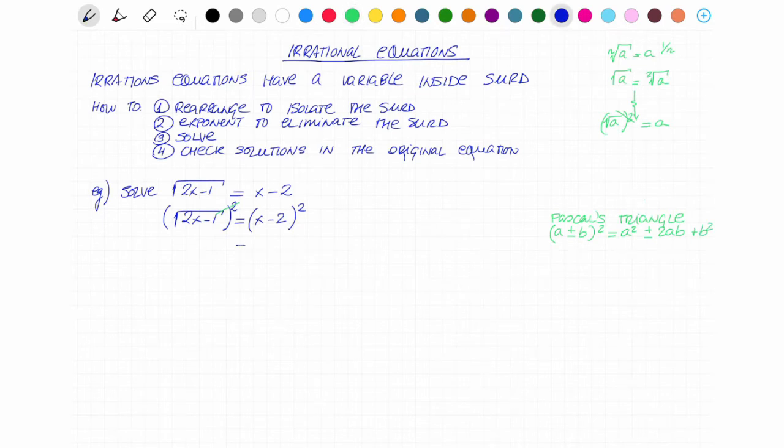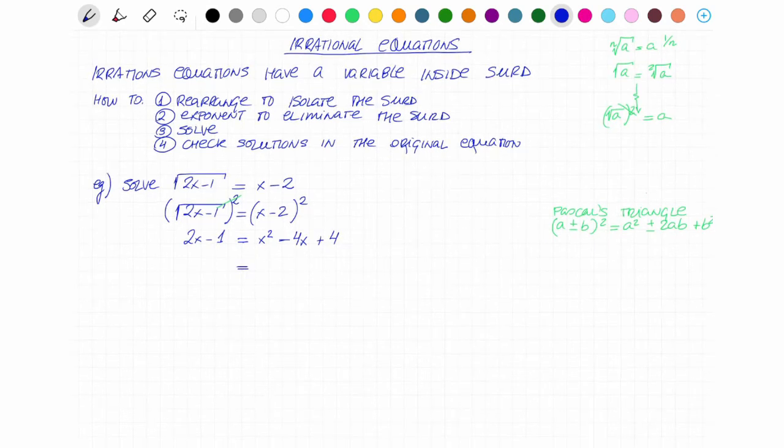And once you know it, you can use it every time. So on this side, this cancels, so this just leaves alone whatever was inside the surd. On the other side, x squared, the square of the first, minus 2 times the first times the second, so that's going to be a 4x, plus the second squared, that's a 4.